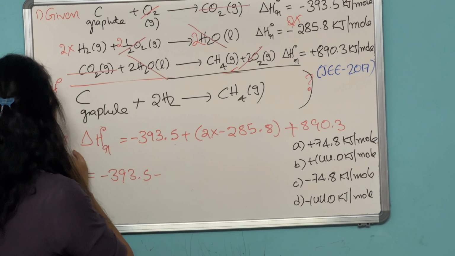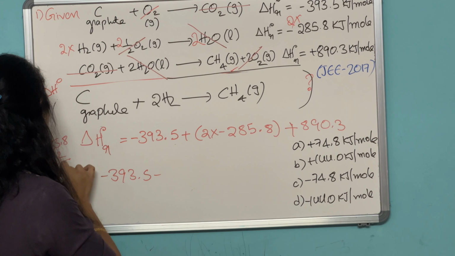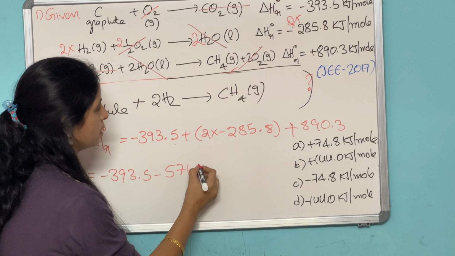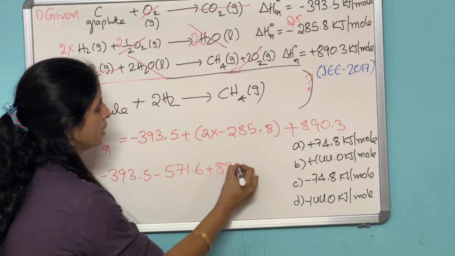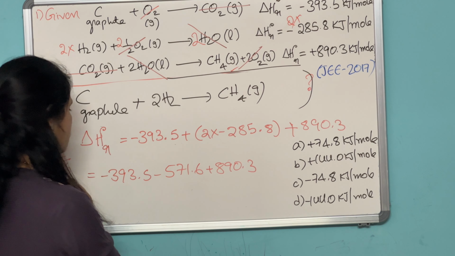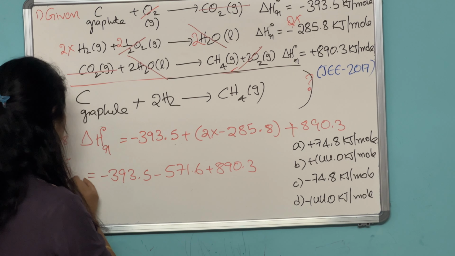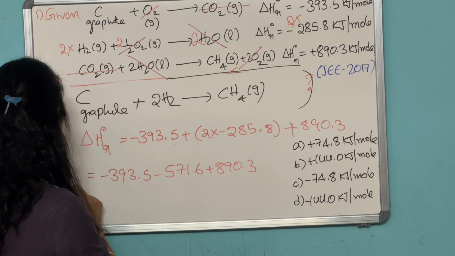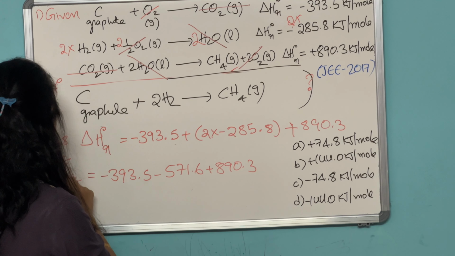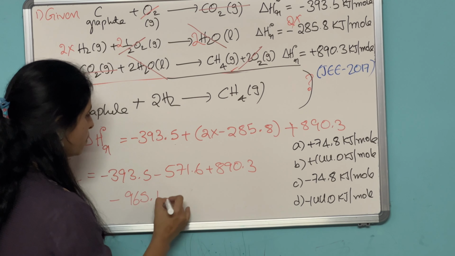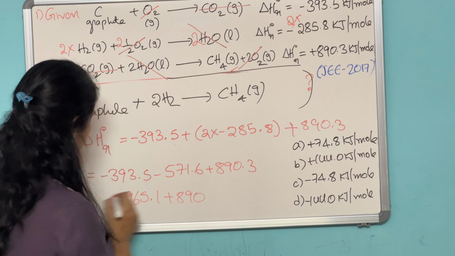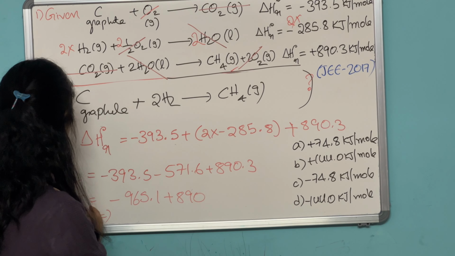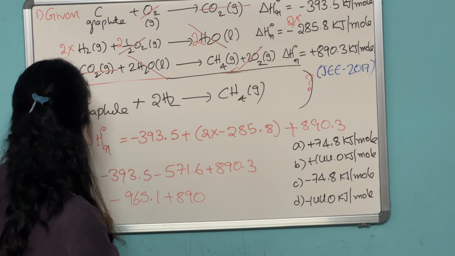So this will be 571.6. 571.6 plus 393.5 is 965.1, plus 890.3.